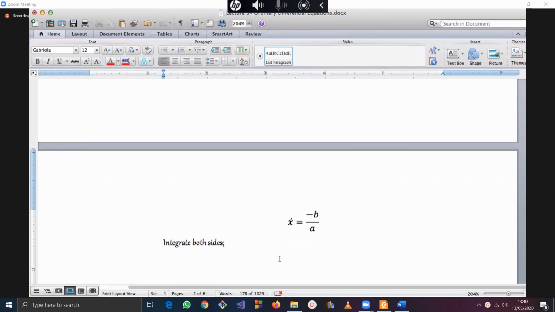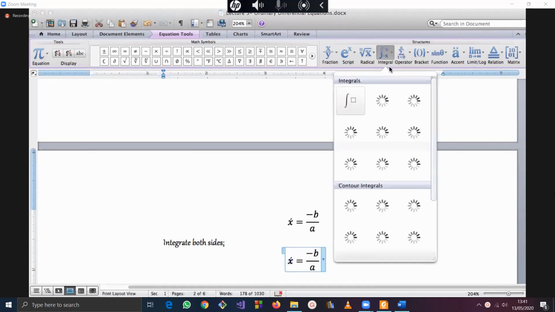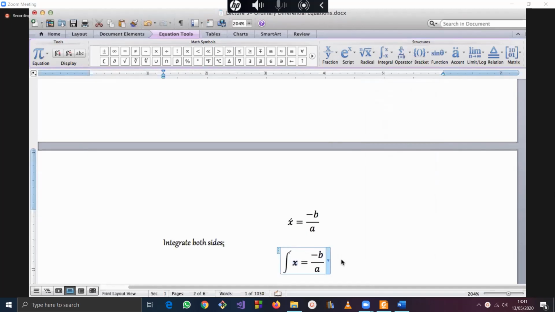But if you integrate both sides, then on one side the derivative goes, because we are finding the opposite of it. So on this side, if we obtain the derivative here, which is what I'm going to show, we'll obtain the derivative of this, which is that.